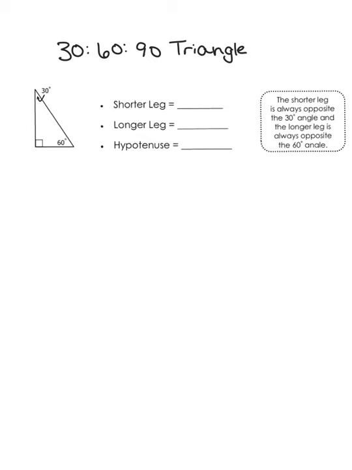So where did this concept of a 30, 60, 90 triangle come from, and why is it so special? We're going to start with an equilateral triangle. If you remember, with an equilateral triangle, all of my sides are congruent and all of my angles are congruent. So if all of my angles are congruent, and remember all of my angles add up to 180 degrees, each angle is a 60-degree angle.